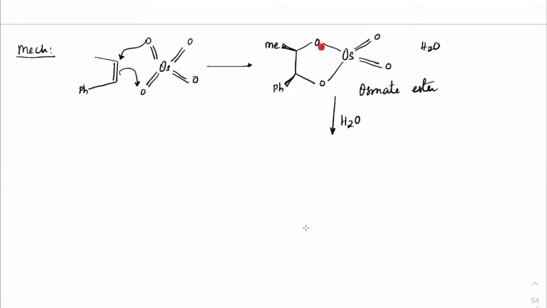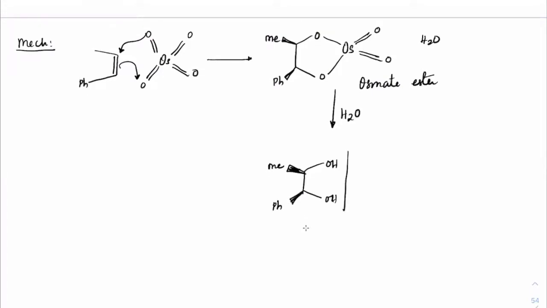So whatever the leftover H, that will come on this oxygen. So we would get a form like this with OH and OH, and methyl is coming out of the plane. Phenyl is coming out of the plane here, but on the same side, with its mirror image also. So we will get a racemic mixture plus H2OsO4.